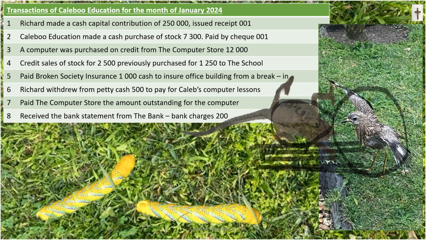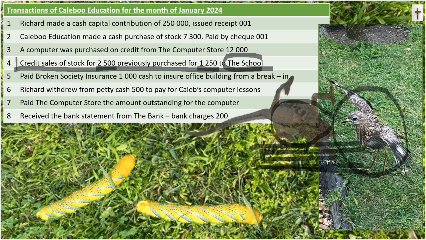And business carried on in the backyard, in the office of Calibu Education. There were credit sales of the stock that was purchased for 1,250.